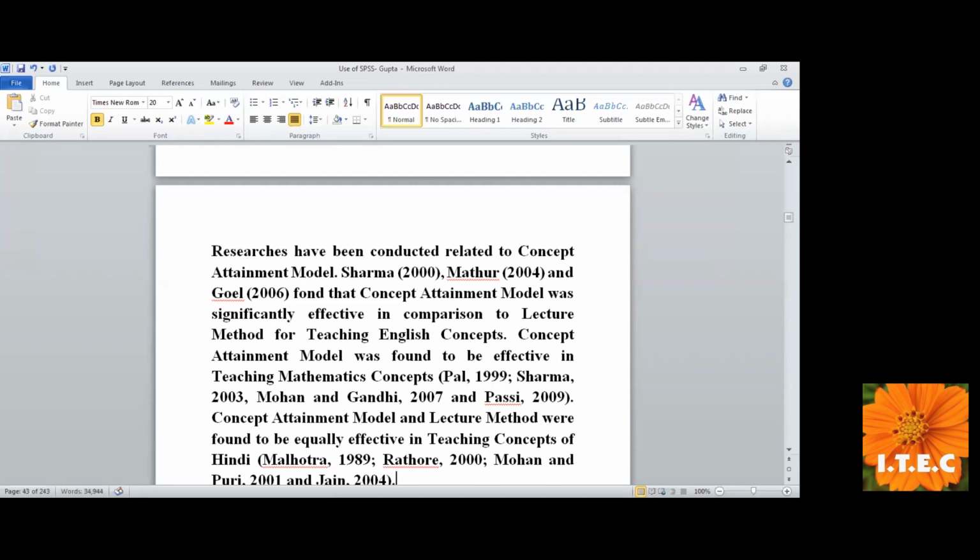So like this, these are the things which you have to take out from your chapter number 2.